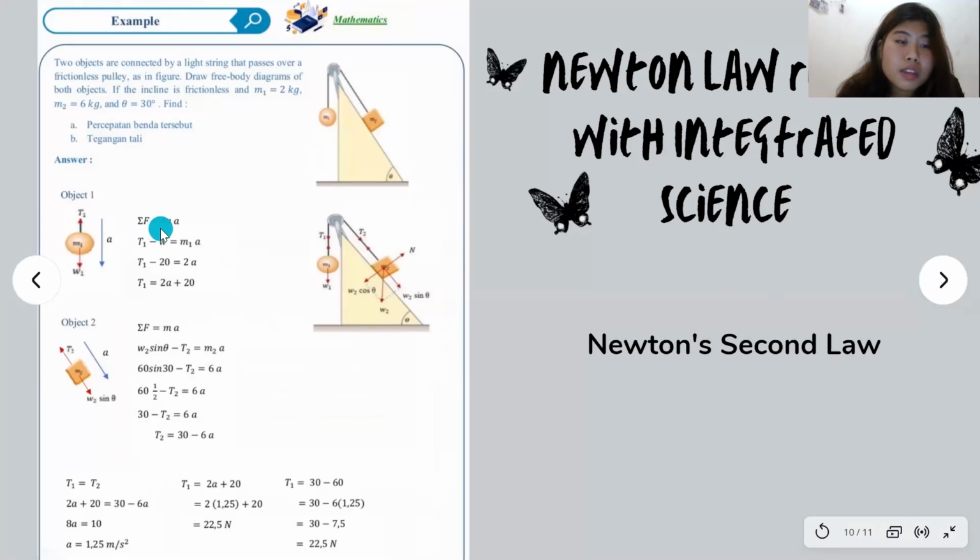Sigma F equal M times A. We ever meet this example in high school, in junior high school or senior high school, right? This is the example of math and physics. It is related to Newton's second law.